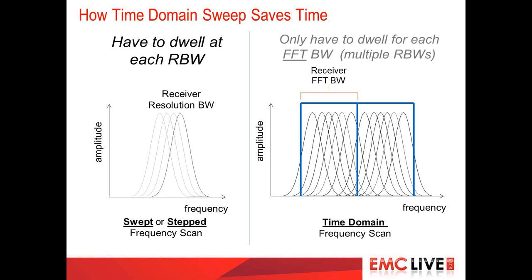So what's the relationship here? If we decrease the bandwidth of the IF filter, the resolution bandwidth filter, we decrease our noise. Every factor of 10 that we decrease the bandwidth, you see a 10 dB improvement, or 10 dB lower noise floor. So that's one way to improve the noise floor.